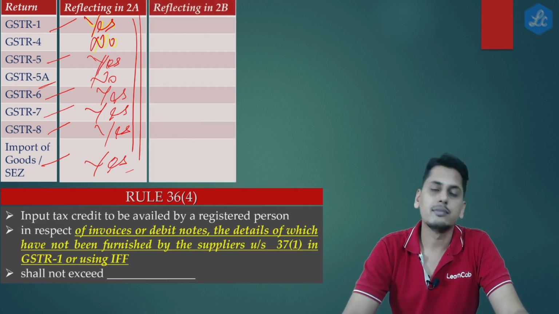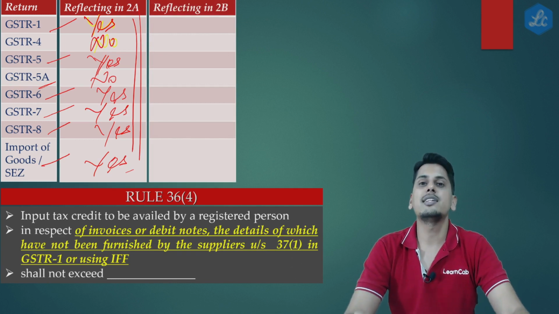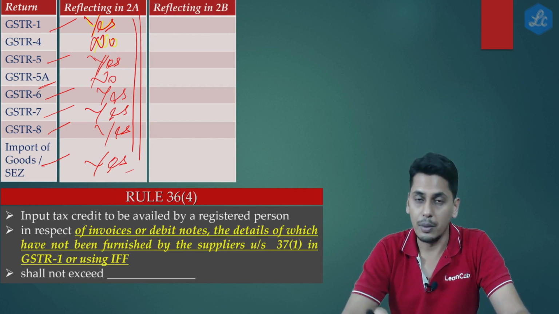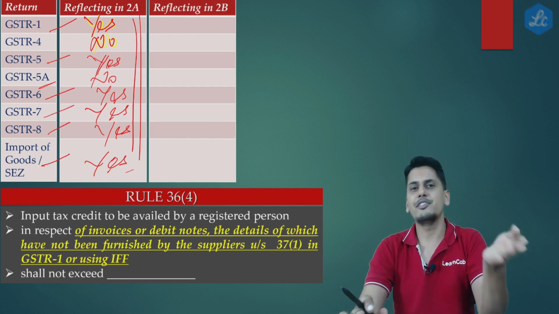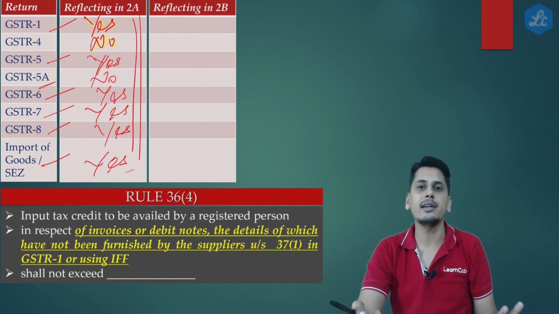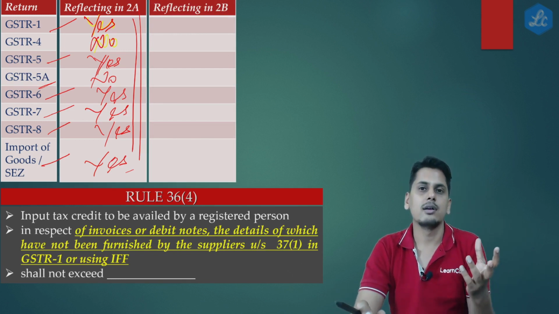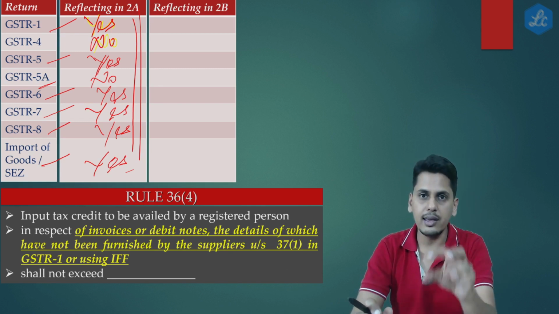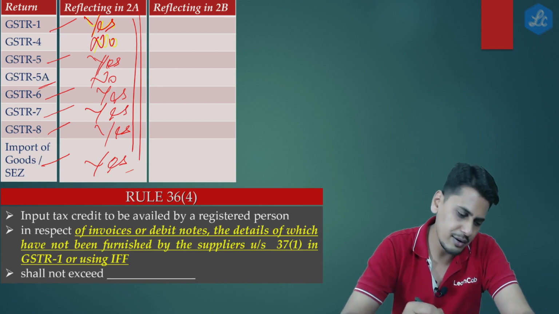Now friends, appearance in GSTR 2B. Of course, the difference between 2A and 2B is going to be the cutoff date. But what is the source from where the data is going to appear in GSTR 2B? Same thing friends.